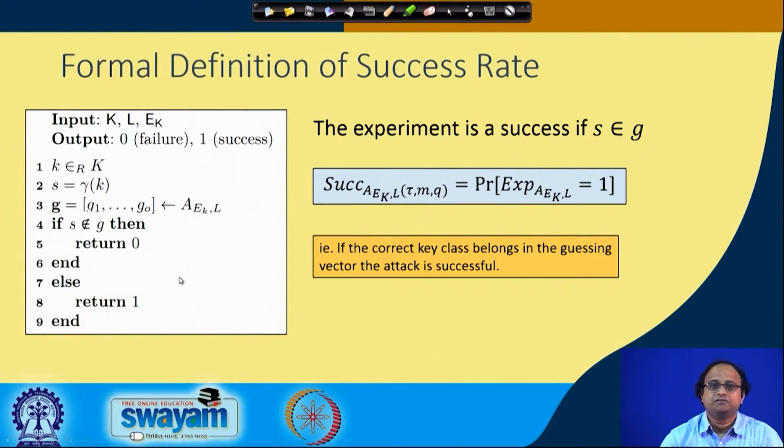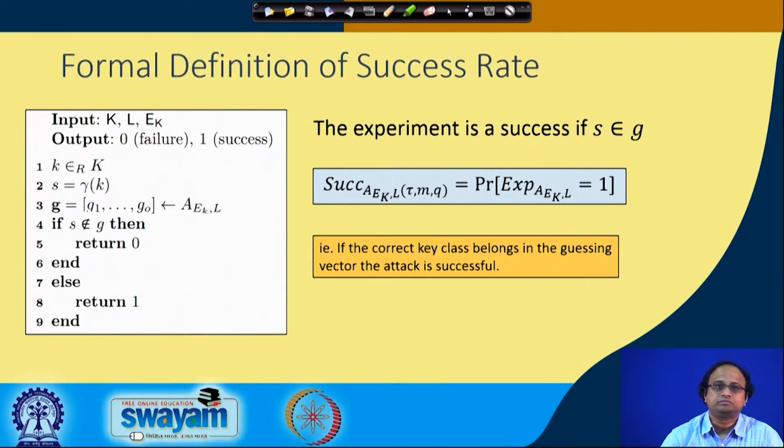That means if it can give O possible members in its guessing vector, then it has a high probability that the correct key class will belong to this guessing vector. This probability should ideally be 1.